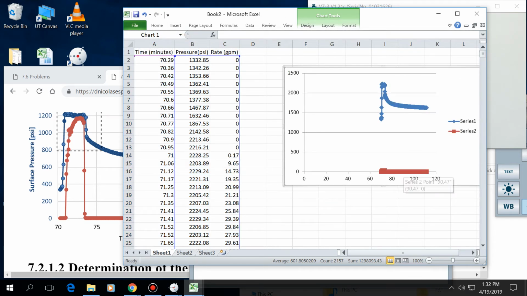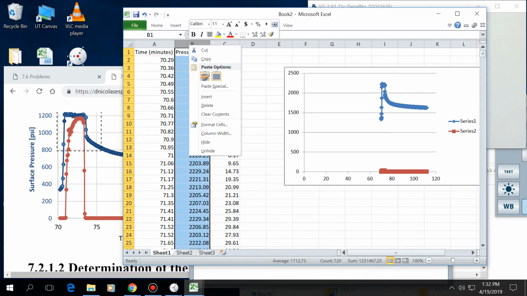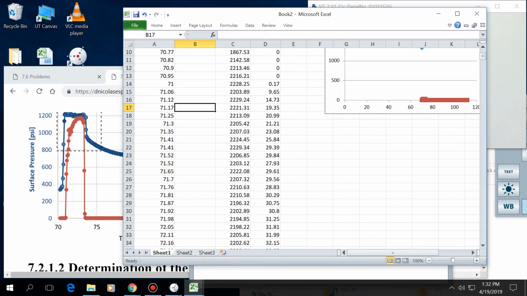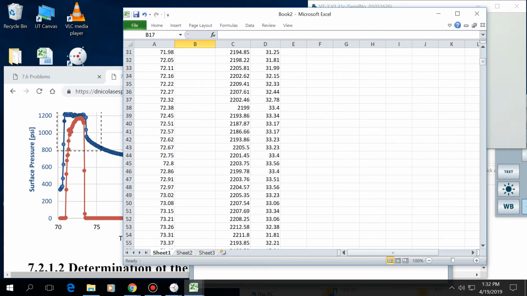Pressure, rate, okay. Tell me, what did you find as the instantaneous shut-in pressure? 20, but the data starts at 70. The pressure. And what about the time? 73? Okay, so 73.3 you said? Yeah, 73.3. Okay, let's assume that this is instantaneous shut-in pressure.